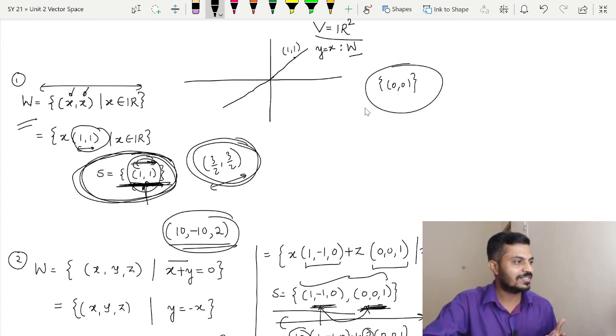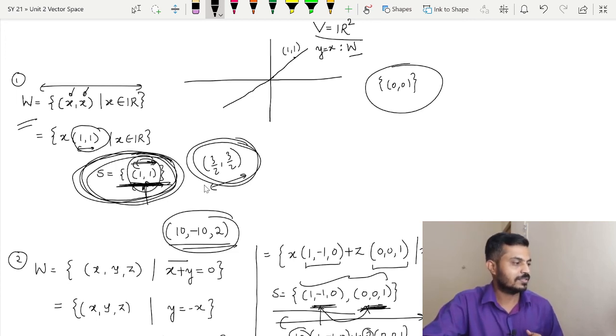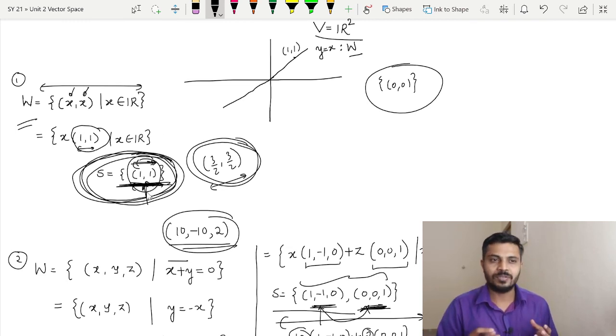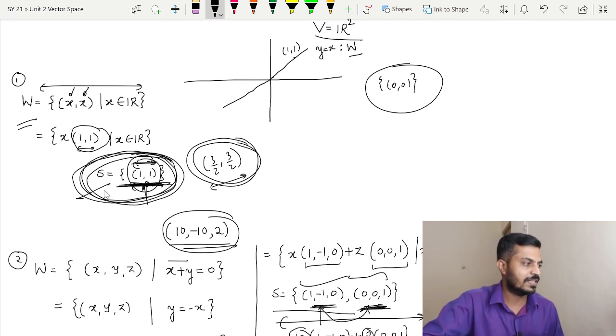So there is no other subspace of R2 which is smaller than W and containing this point S. Thus we can conclude that W is the smallest subspace of R2 containing S, and therefore the vector subspace W is generated by this set S.